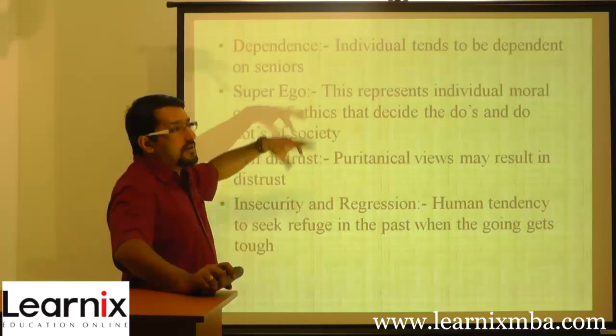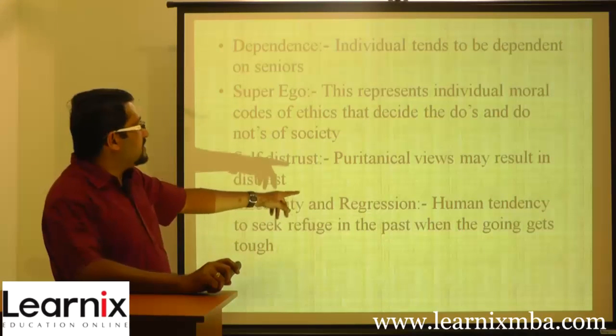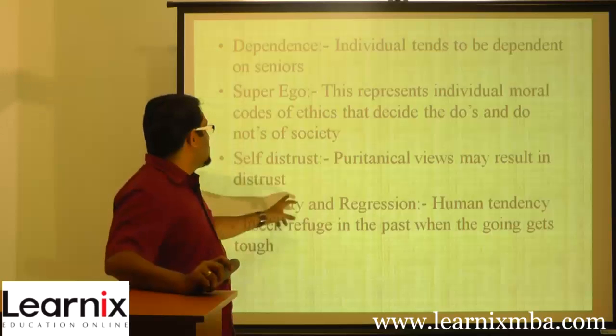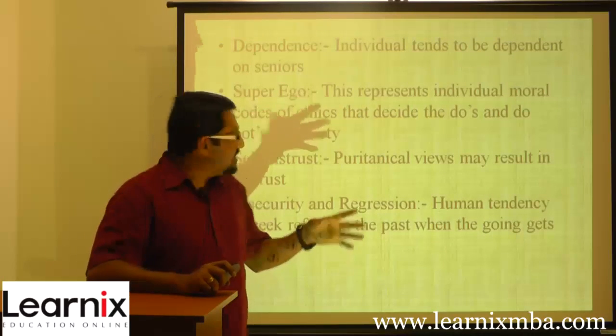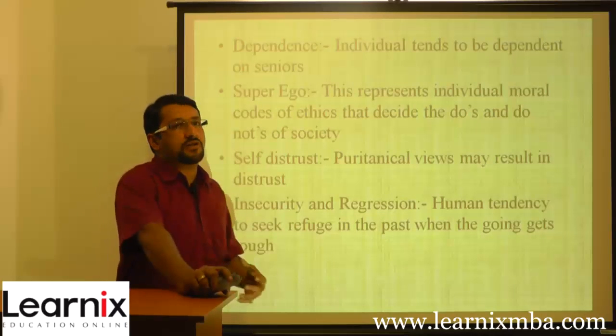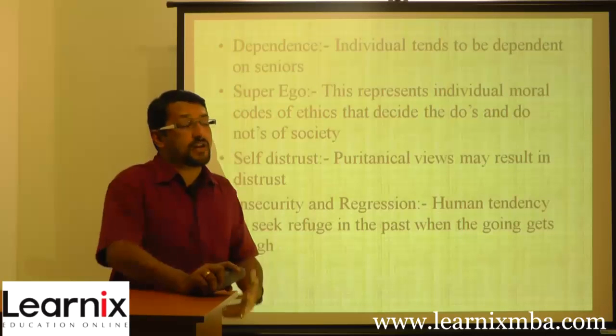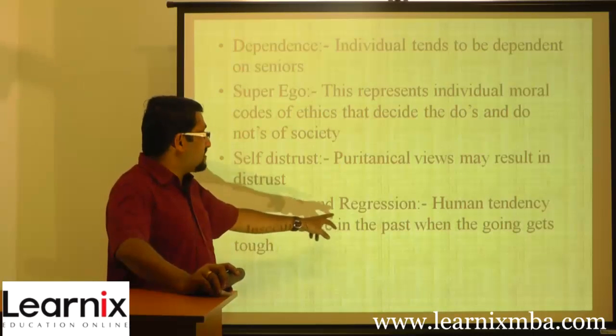Super ego goes above that. Then self-distrust. Puritanical views may result in distrust. Puritanical views means the views that we have been following in the past. That may result in distrust because we have an inhibition to adhere to the changes. So that's self-distrust.